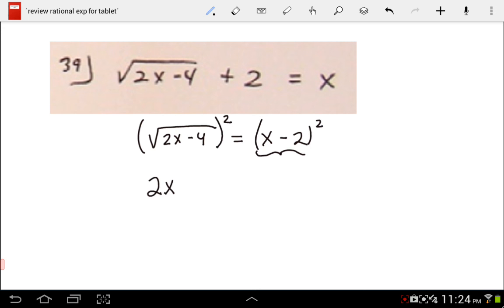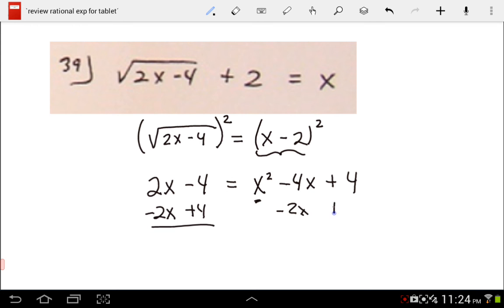So we'll get 2x minus 4 equals x squared minus 4x plus 4, by square, double square there. Now let's do quadratic here, so let's set it equal to 0. Hopefully we'll be able to solve it by factoring. So now we're going to get x squared, negative 4x minus 2x would be negative 6x, and then 4 and 4 gives me 8.